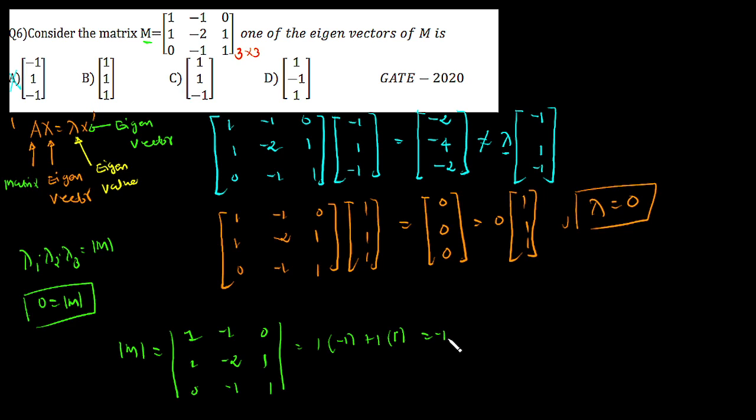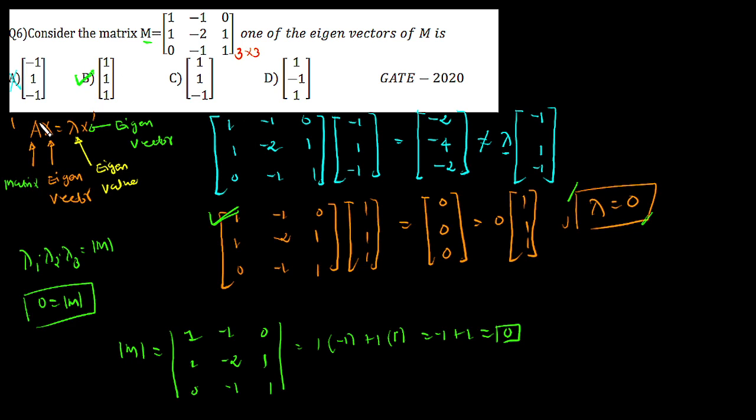So I can say -1 plus 1, and it is equal to 0. So yes, we are getting the determinant equal to 0. That means one of the eigenvalues is 0, and the same thing we are getting from this statement. So now we can say option B contains the correct eigenvector for this matrix M.